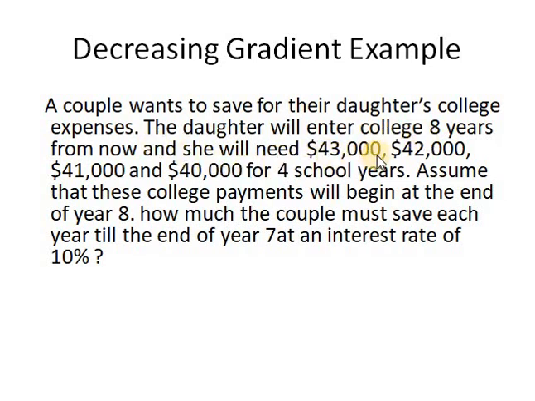She will need 43,000, 42,000, 41,000. You see the amount is being decreased by 1,000 for the 4 school years. Assume that these payments will begin at the end of year 8. How much must the couple save each year? So I'm asking what? This is the key word, save each year. So the annuity till the end of year 7 at an interest rate of 10%.